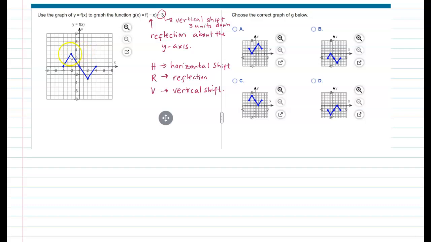And then this point, negative 2, 3, will go to the point positive 2, 3. So it will go here. Because when you say reflection about the y-axis, okay, so this goes there, and this point here goes here.